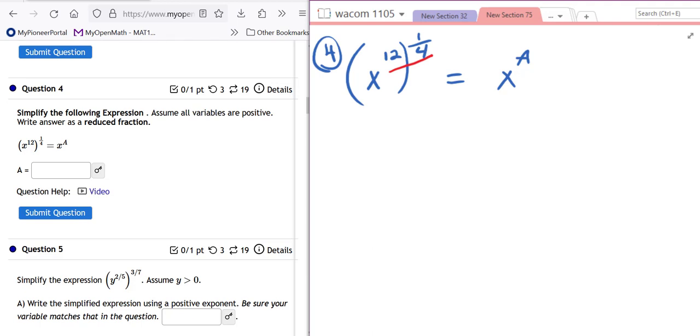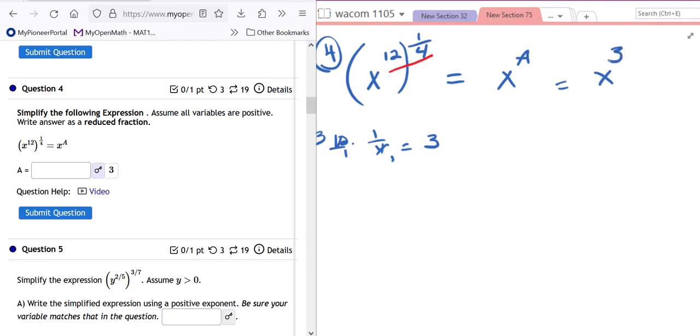Well, when you multiply 12 times 1/4, you can cancel, and you end up with 3. Or you could have multiplied across and reduced. So my a is going to be 3. This is going to equal x to the 3rd. They only want the a there.